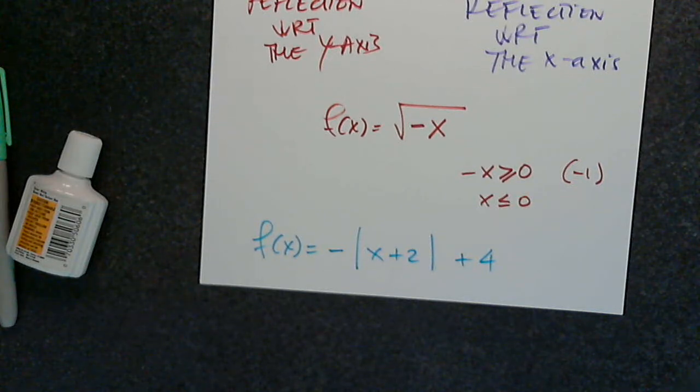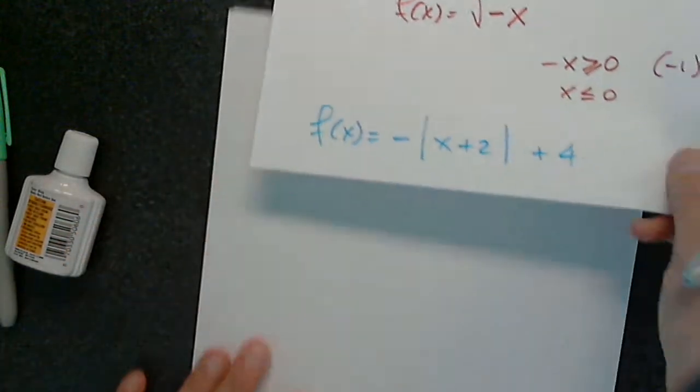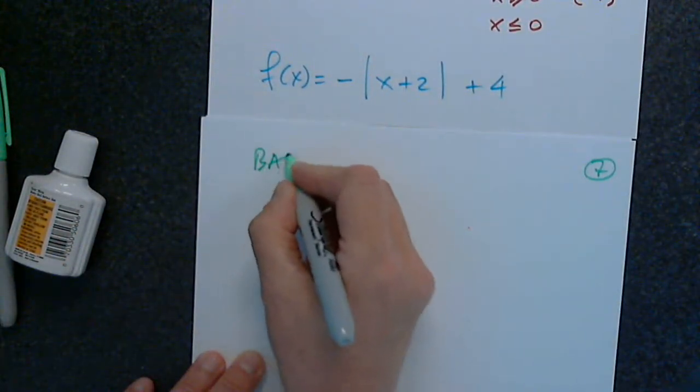You have to multiply by -1 first, right? And then you add 4, right? So the absolute value of x, 2 to your left, reflect because it's a minus in front. That does not touch x. It must be a reflection with respect to the x-axis, and then upward. You know the graph. You don't need to graph, basically, but let's do it. So, base function, please.